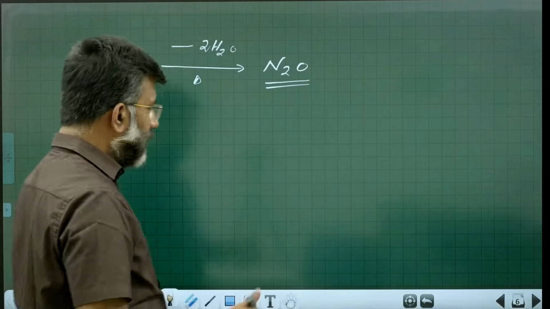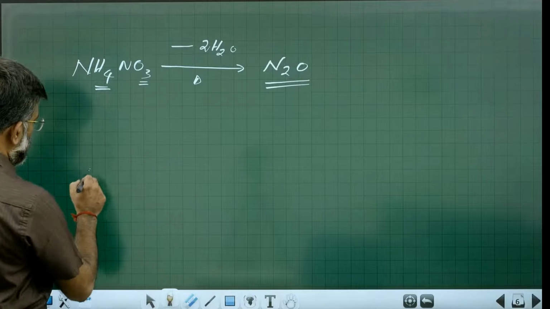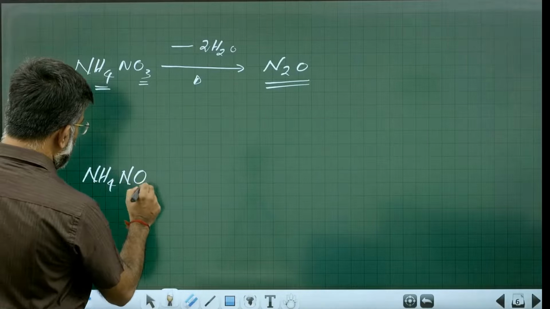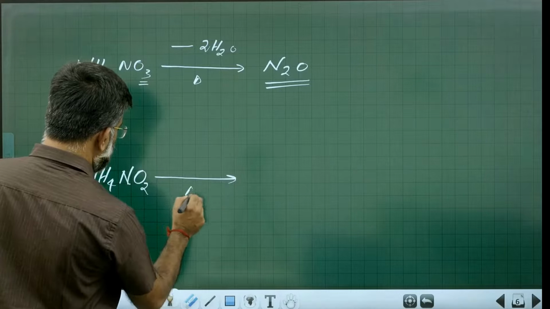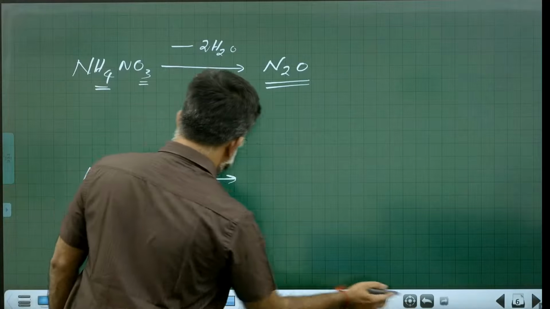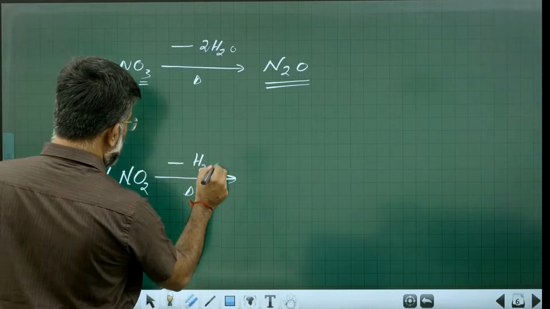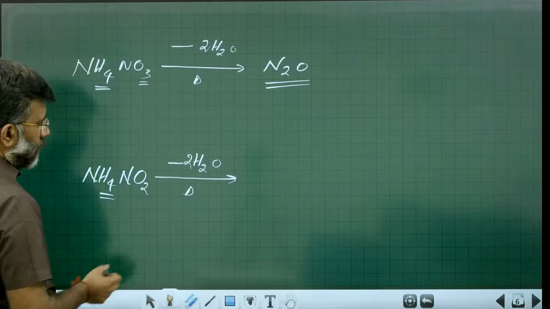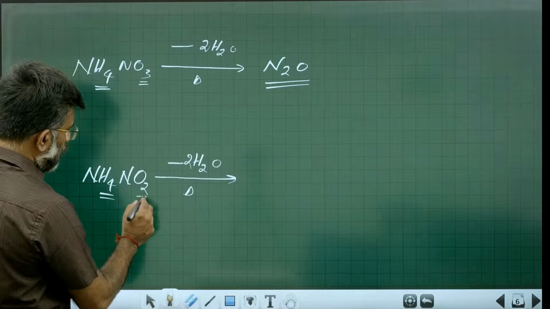Apply some logic, because they may try to confuse you with another reaction, which is ammonium nitrite, NH4NO2. Upon heating, again there will be removal of water molecules. How many? 4 hydrogen, so 2H2O out. So 4 hydrogen and 2 oxygen gone.